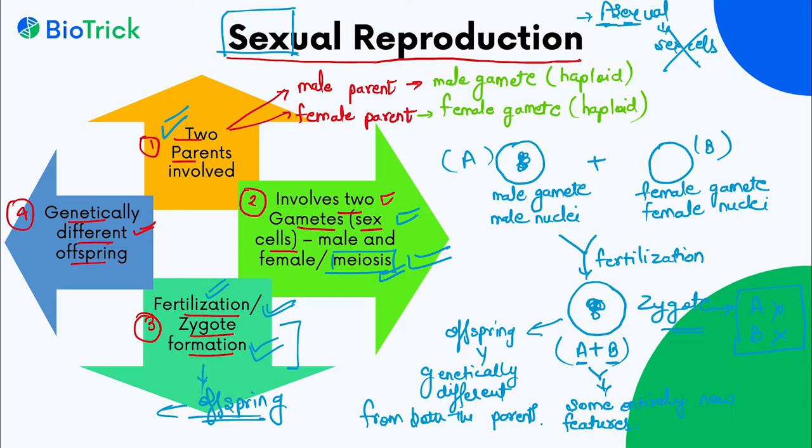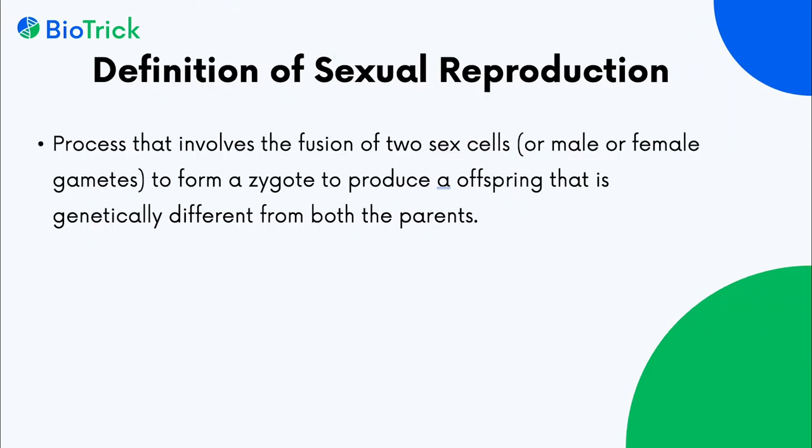Okay, so let's understand the definition of sexual reproduction, what you can write in the definition. It is a process that involves the fusion of two sex cells. And which are these two sex cells? Male and female gametes to form a zygote.